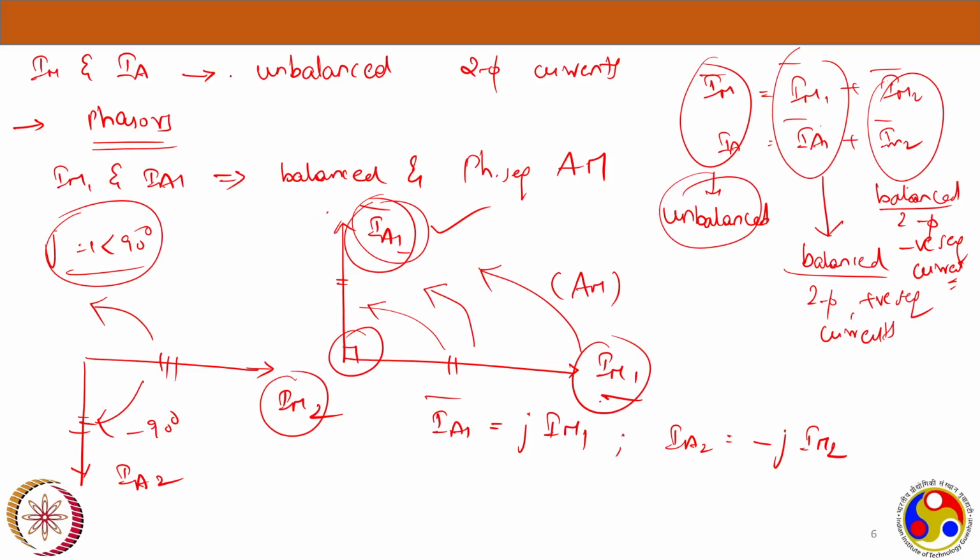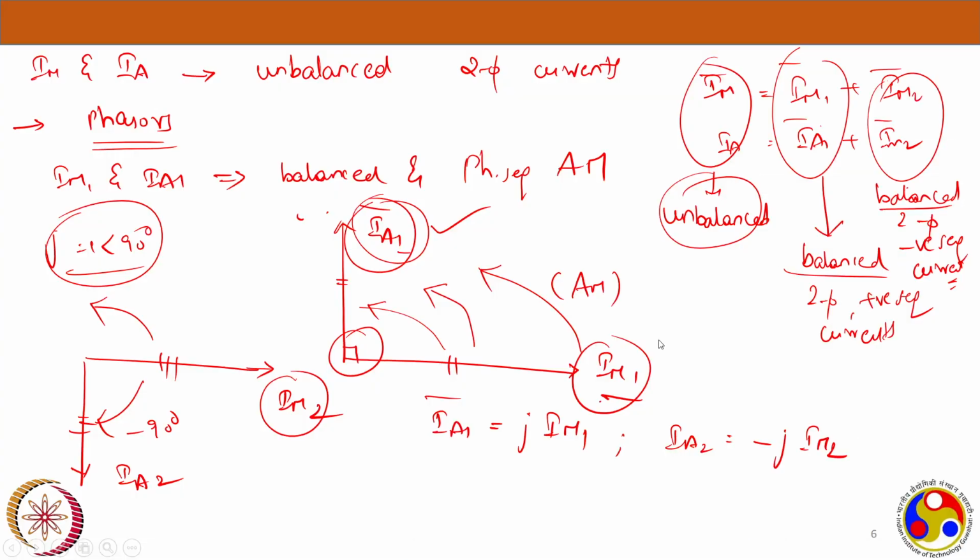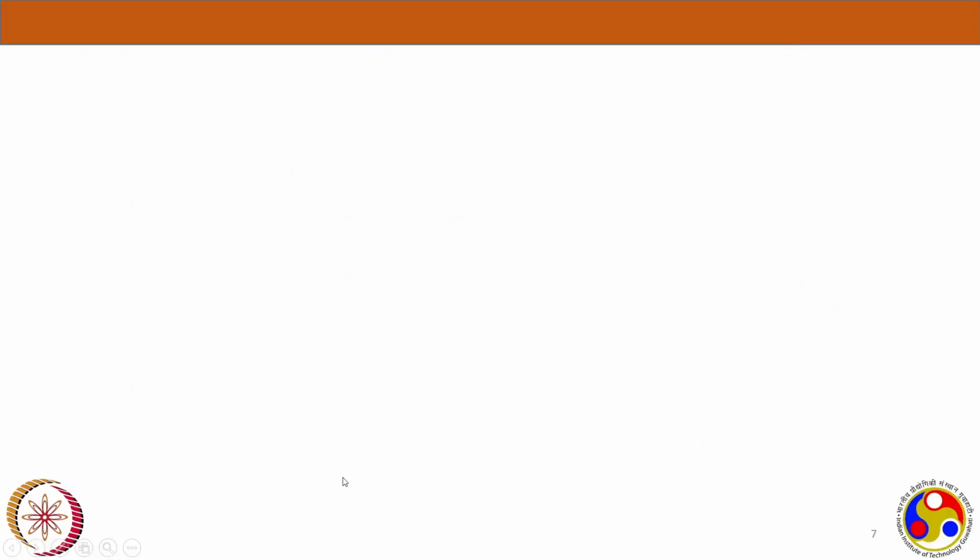Okay. So now I'm writing it here. IA1 and IA2 I have. Okay, so IA is IA1 plus IA2.